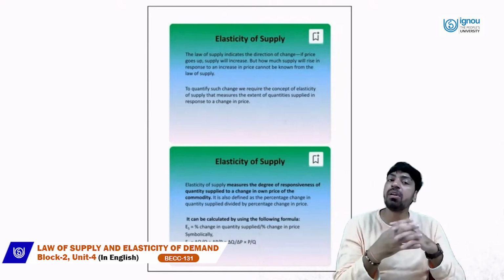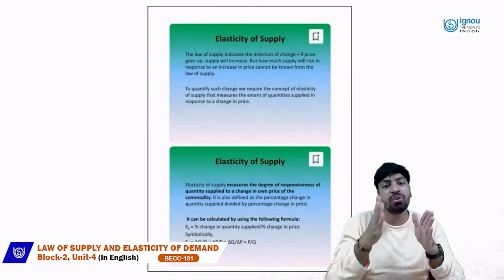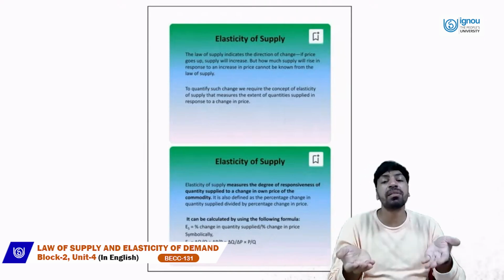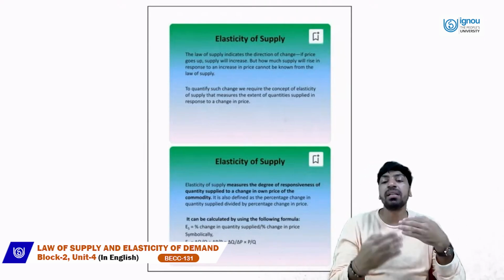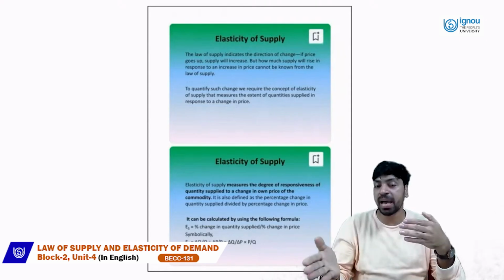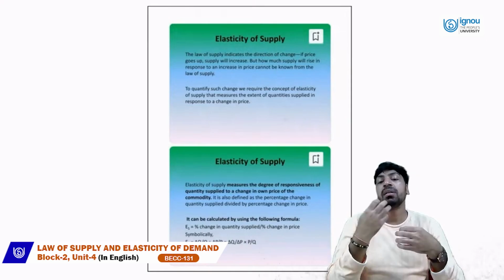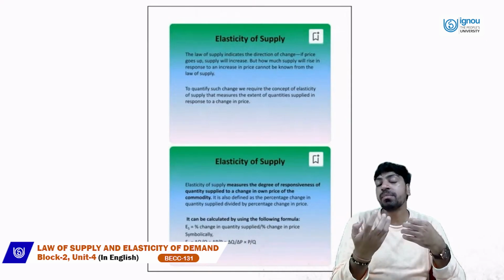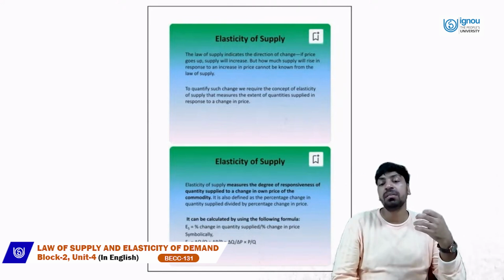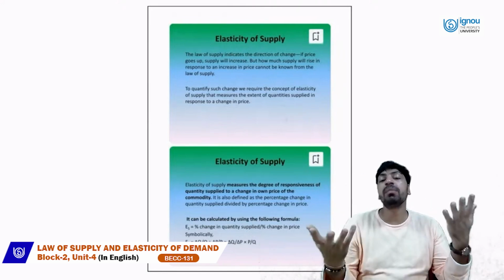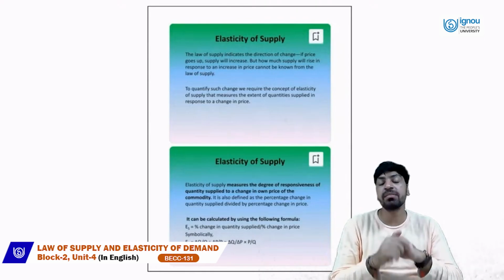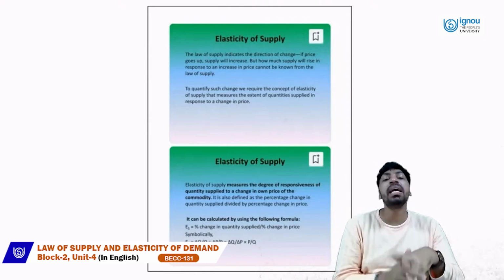The law of supply just denotes a positive relationship, and other factors remain constant. But in elasticity of supply, the other factors which influence supply will also be considered. How much the supply would be influenced by these factors, that is, technology and government policy, will be measured through the elasticity of supply. So this is all about this concept.